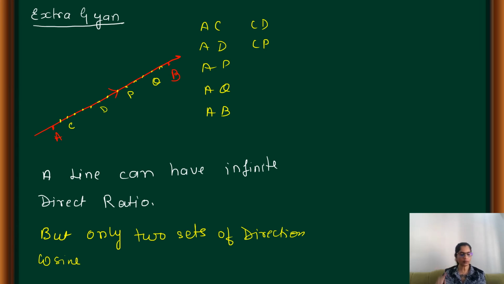Perfect. All right. Now let's see. We understood direction ratios and direction cosines. By now I think all of you know that the direction cosines of a line are L, M and N, and the direction ratios of a line are A, B and C, correct?